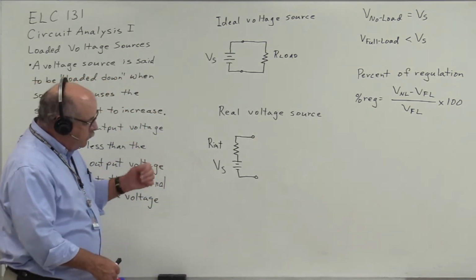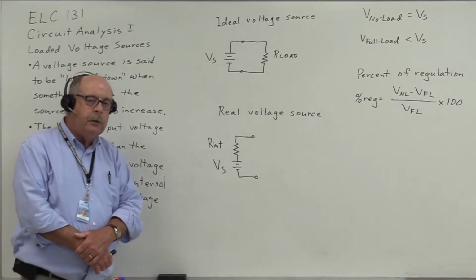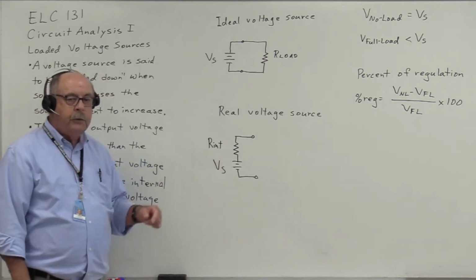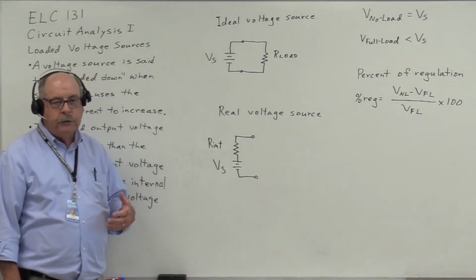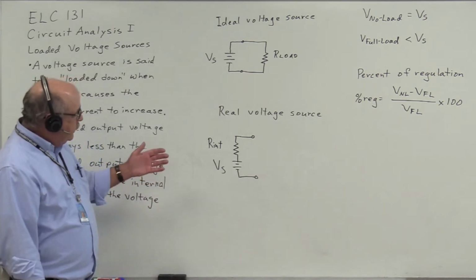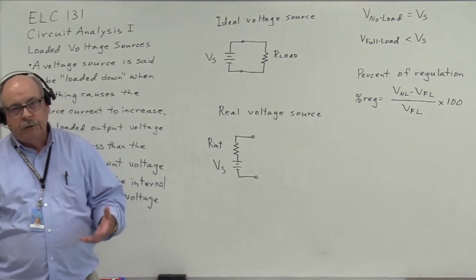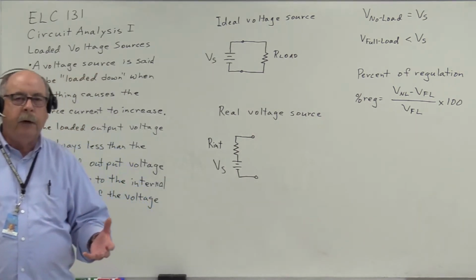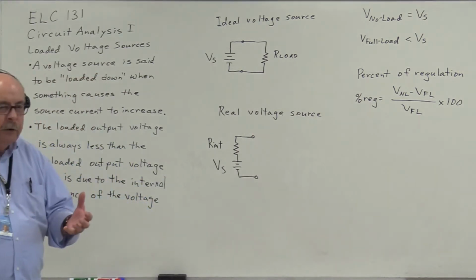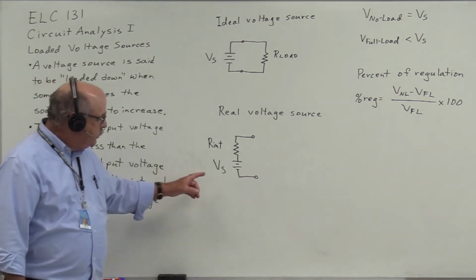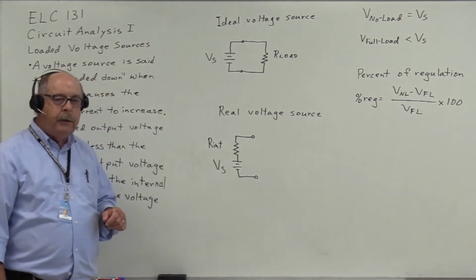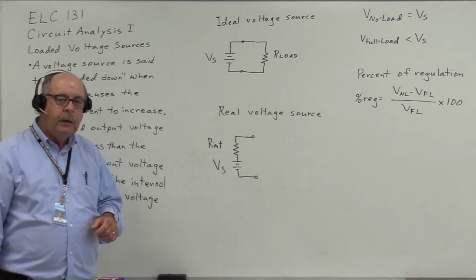Now, with a real voltage source, we have to include some value of internal resistance with this voltage source. It doesn't matter if this voltage source is a battery, if it's a photovoltaic cell, if it's a generator, if it's a microphone. Every source of voltage has some internal resistance.